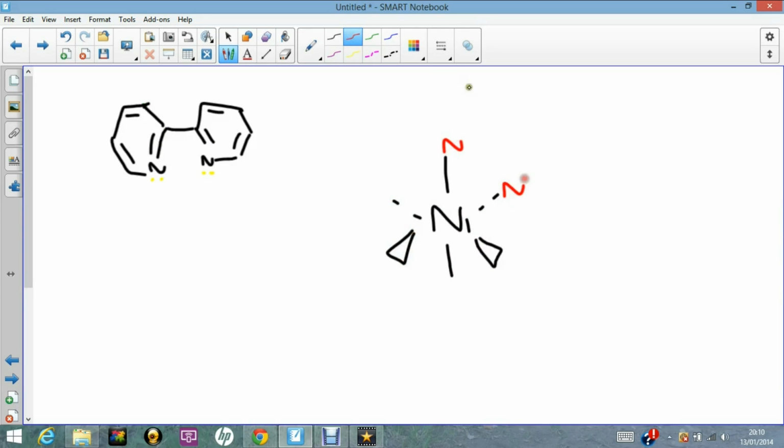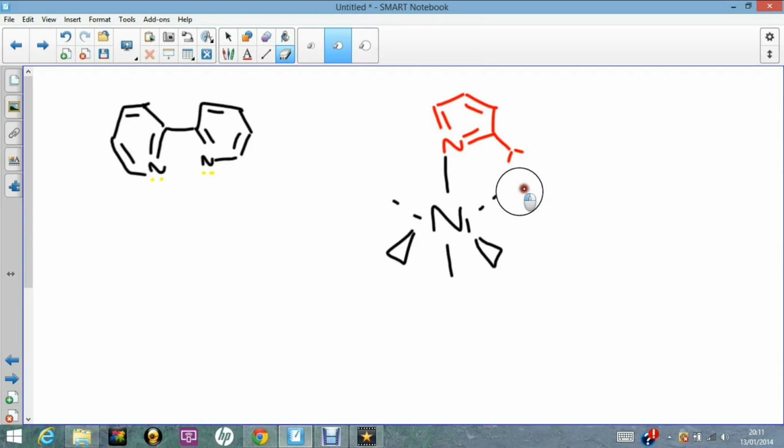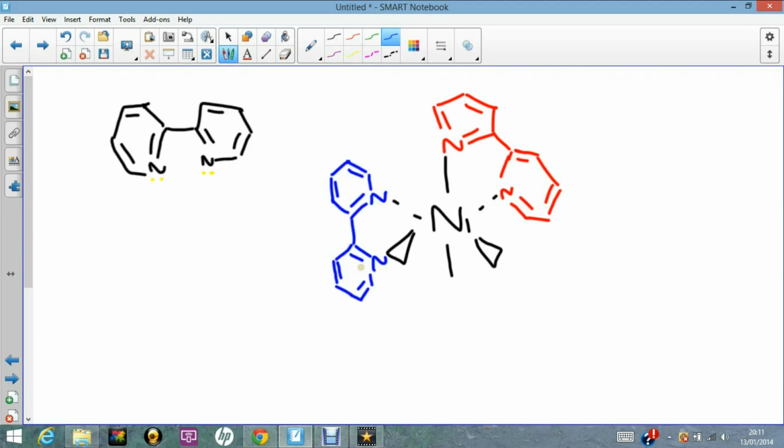Put the atoms on that have got the lone pairs, and then fill the rest of it in around it. See, I've now added 3 lots of this ligand around the central nickel.